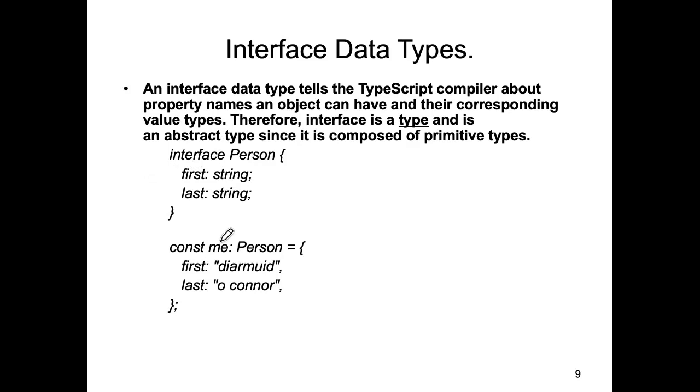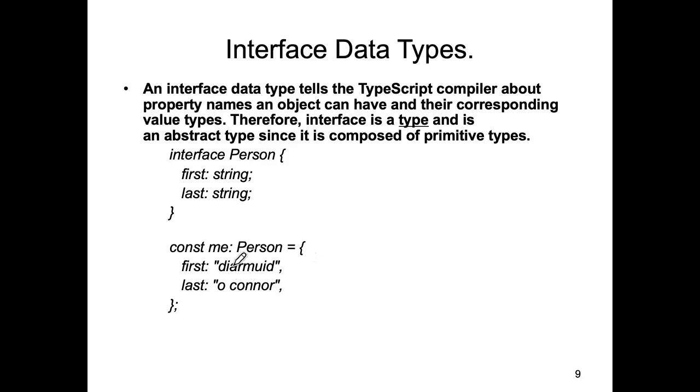So down here, I'm declaring a variable called me, and now this variable's type is my custom person type, as opposed to any of the primitive types. The effect of declaring it as being of a person type means that this object can only have keys first and last, and the values associated with them have to be strings.